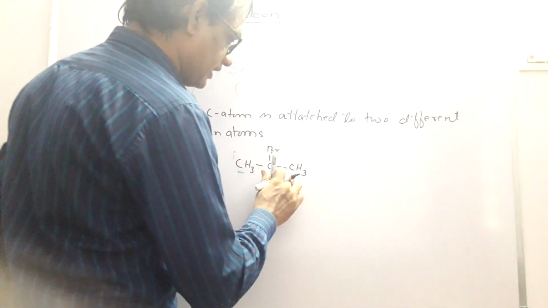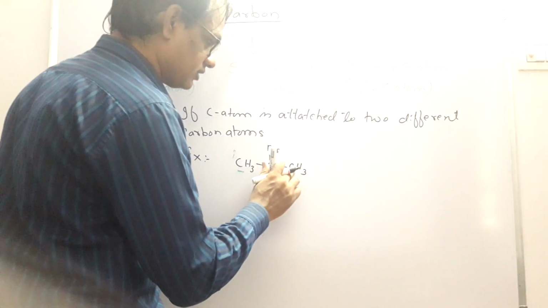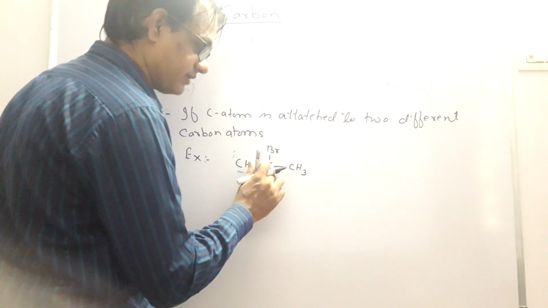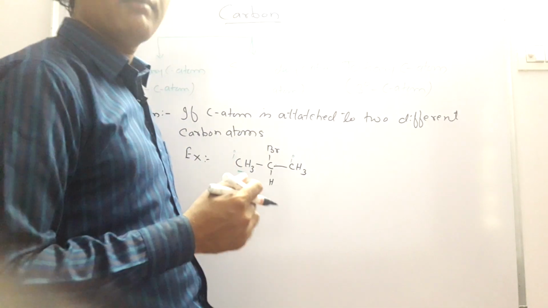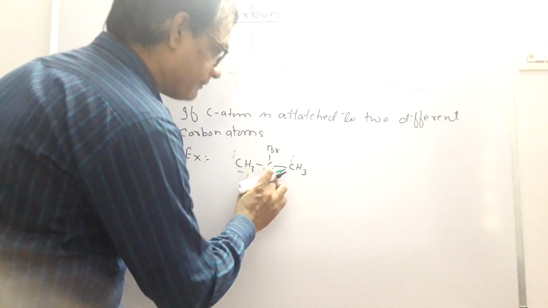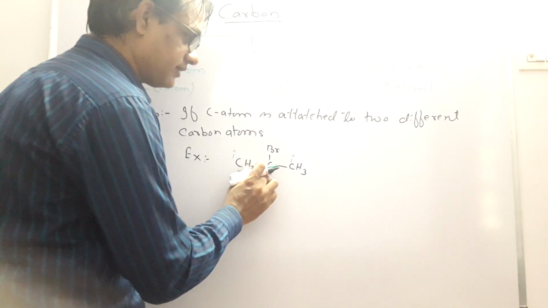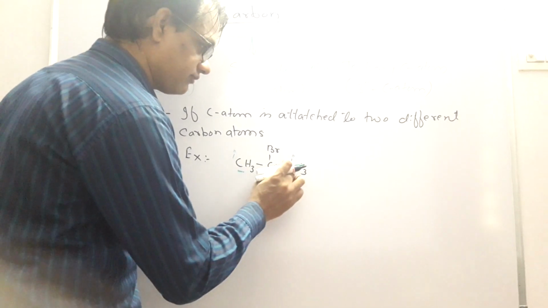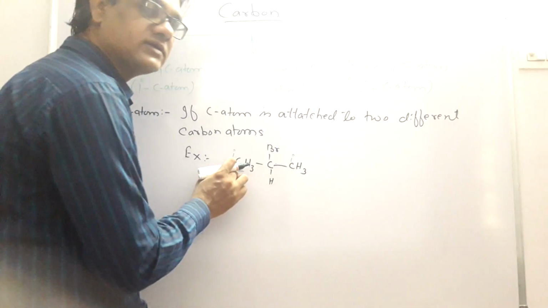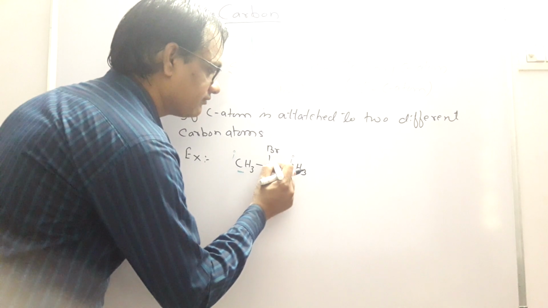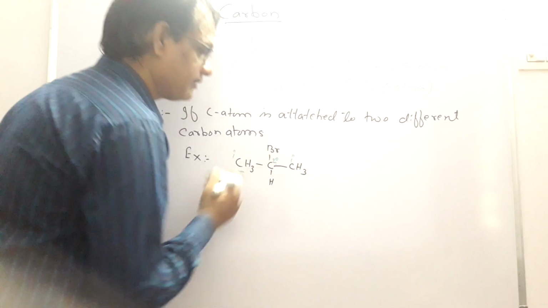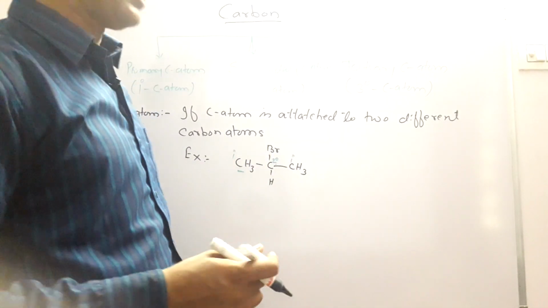And this carbon atom is also attached to only one carbon atom, so this will also be a primary carbon atom. But this middle carbon atom is attached to 2 different carbon atoms, one is this one and another one is this one. So that's why this carbon atom will be called a secondary carbon atom or 2-degree carbon atom.